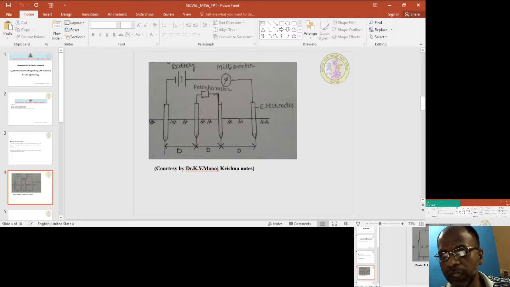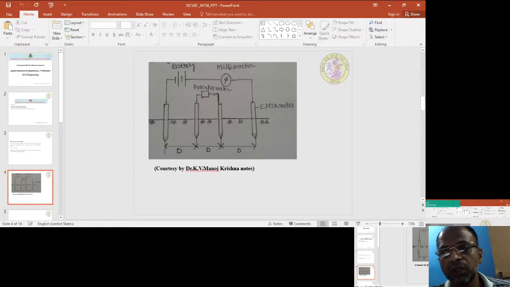The outer 2 electrodes, electrode 1 and electrode 4, are connected to a battery and milliammeter, whereas electrode 2 and electrode 3 are connected through a potentiometer. The spacing between electrode 1 and electrode 2, electrode 2 and electrode 3, and electrode 3 and electrode 4 is kept constant. That is the d in meters.